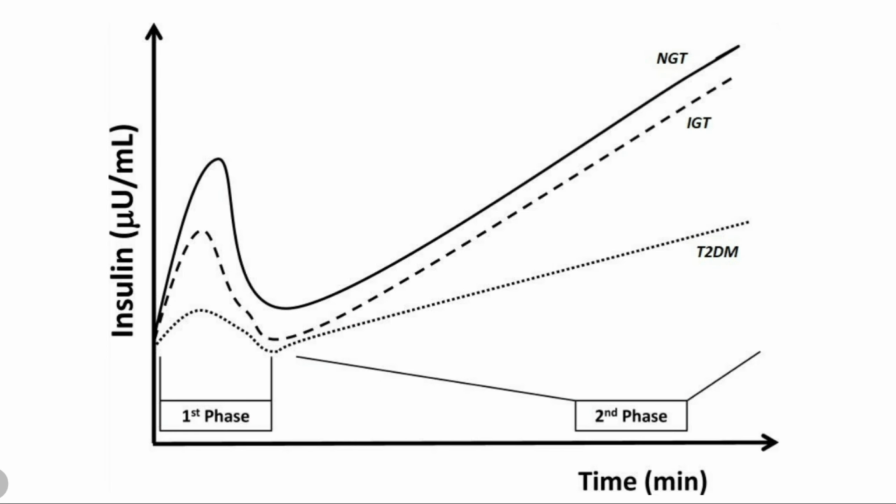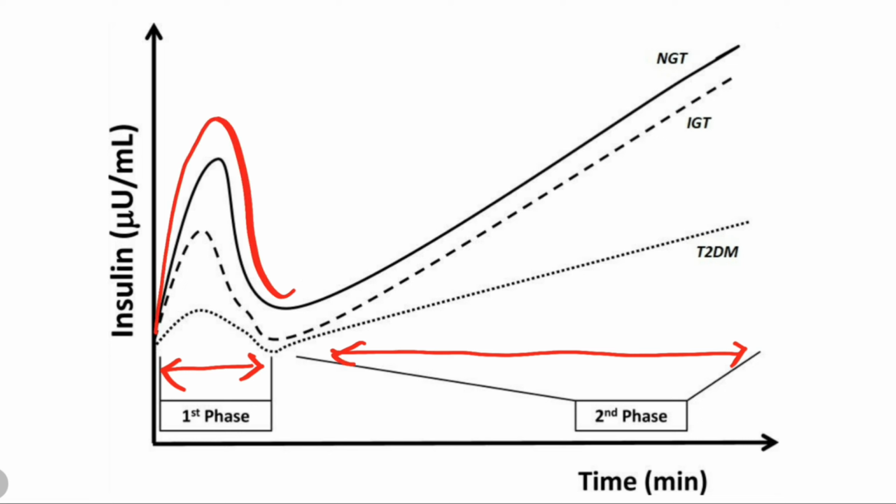This is a graph showing the insulin level, where we can see the insulin is released in two phases basically. This is the first phase and this is the second phase of insulin release. In the first phase there is always a peak, and then from the beginning of the second phase there is a constant rise in the insulin level.